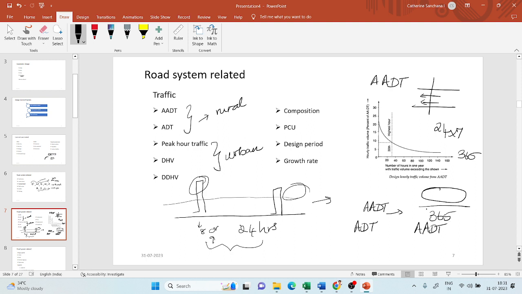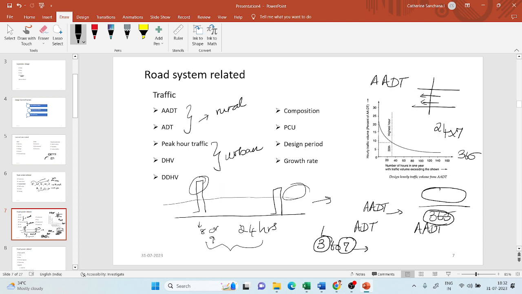Now there's something else called average daily traffic. This is very similar to annual average daily traffic, but you won't be considering 365 days because of some issues maybe, and in such cases you will make the traffic count only for 3 to 7 days, with the ideal case being 7.